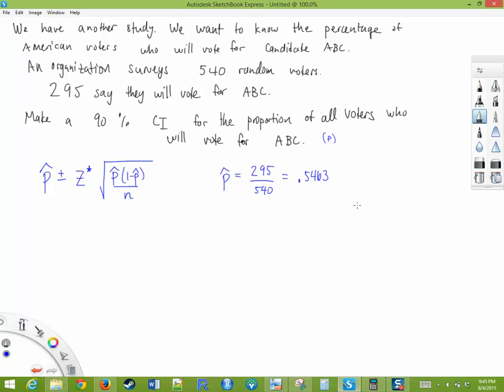All right, so I'm going to just plug all of these things in here. For a 90% confidence interval, what's the Z star I use? 1.645. And I'm going to plug in 0.5463 every time I see P hat.